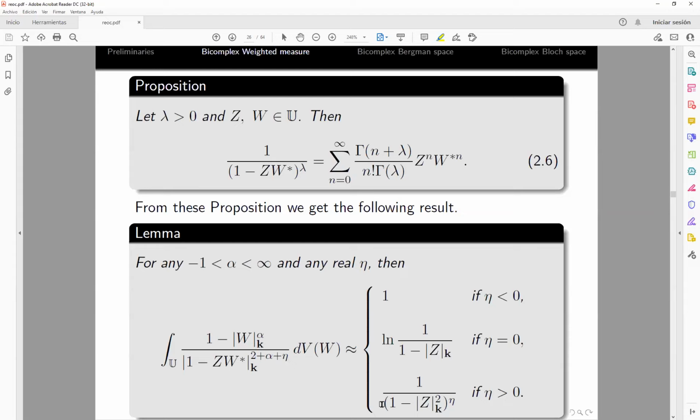This estimation depends on eta, whether eta is less than 0, equal to 0, or greater than 0. Of course, it's necessary to see each component. This is comparable, but it's necessary to see each idempotent component. And here, of course, this logarithm is the bicomplex logarithm function.